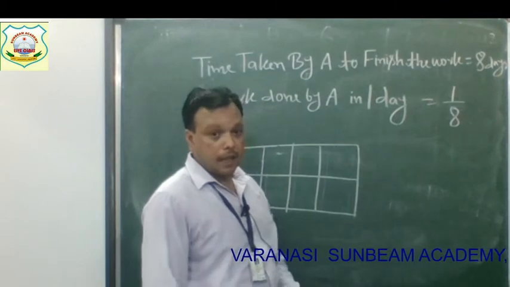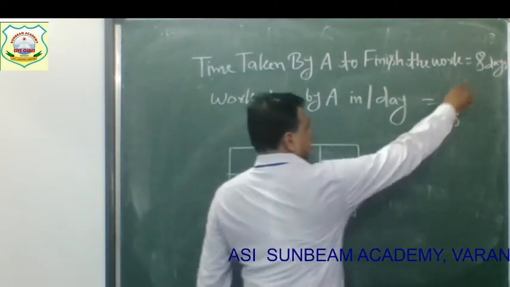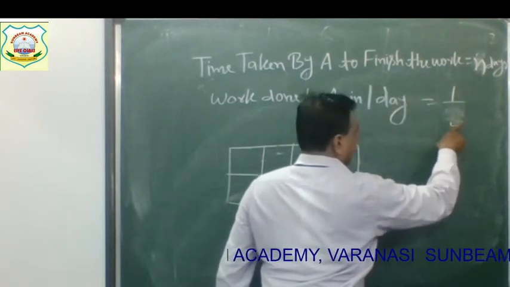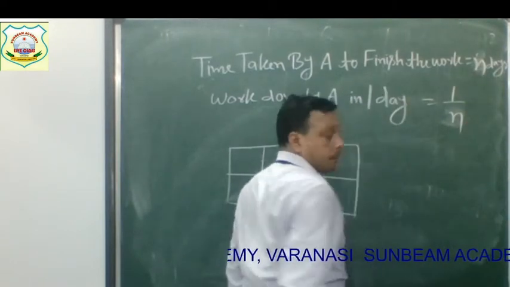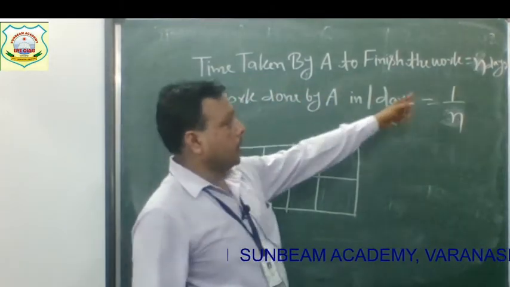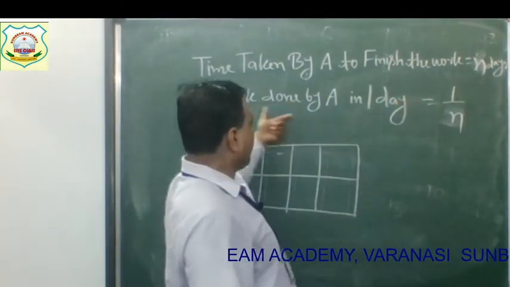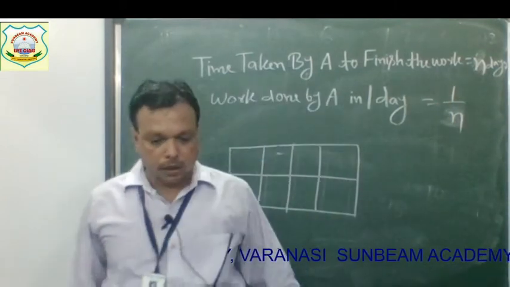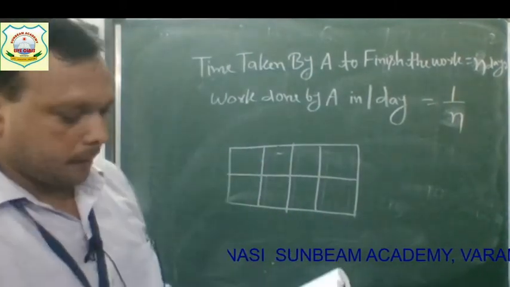If there are n days, then what will it be? That is 1 upon n. This is the formula. Time taken by A to finish the work equals n days, so work done by A in 1 day equals 1 upon n. Clear? You can also see it given here in the book.